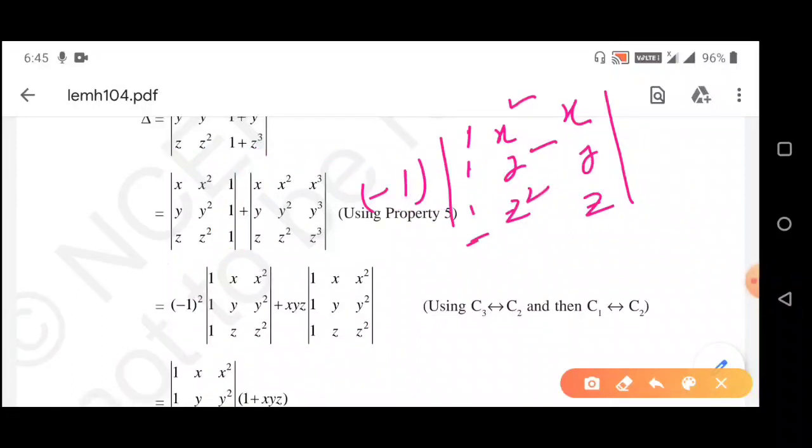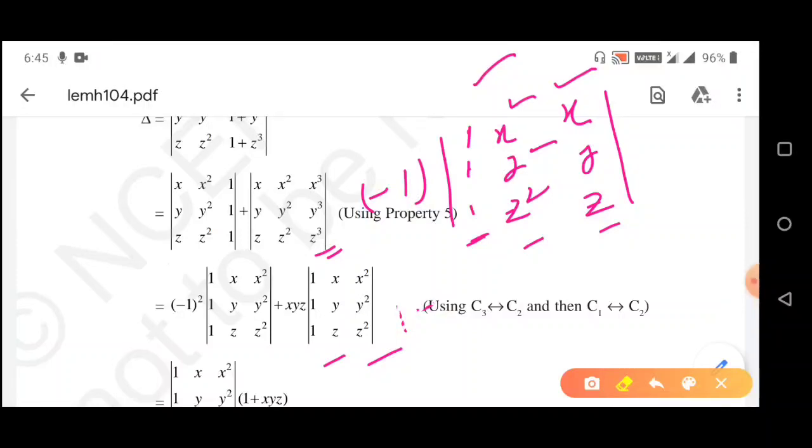Now see, this column 1 and this column 1 are matching. Now we have to match this column 2 and column 3 with this column 2 and column 3. So for that we can again interchange column 2 and column 3, and for that again we have to multiply by this minus 1.